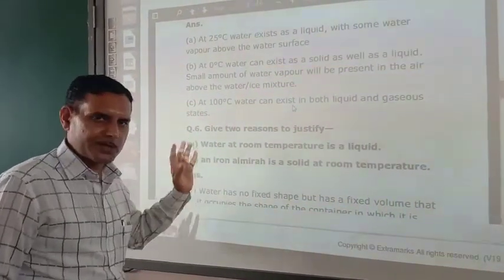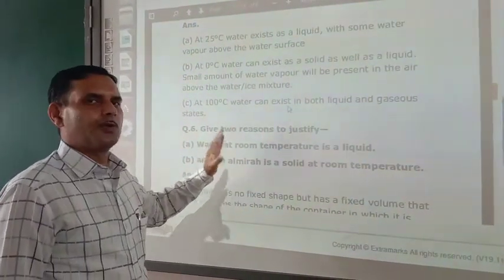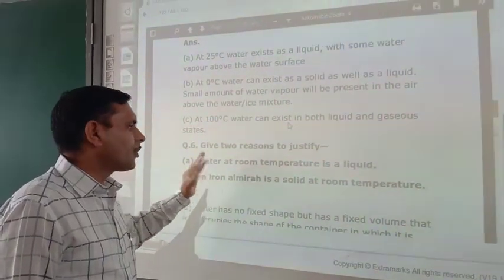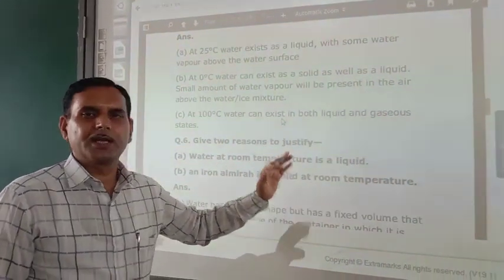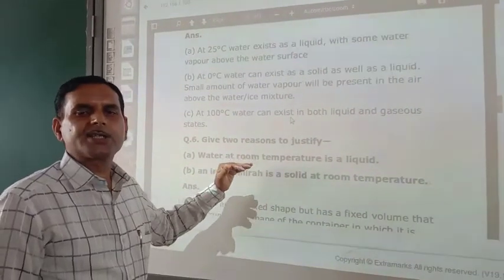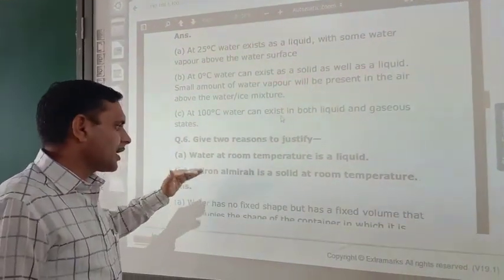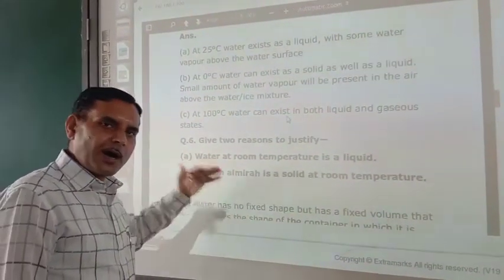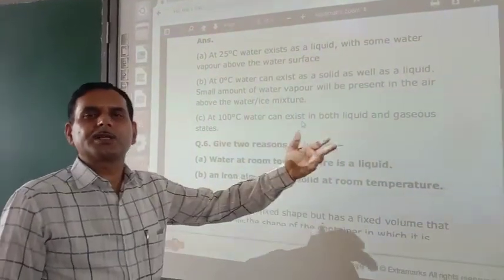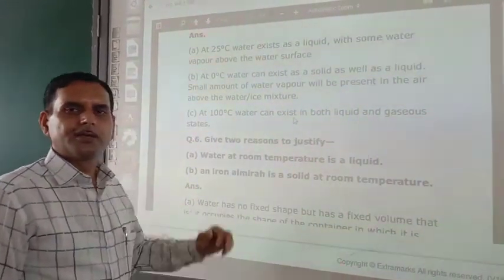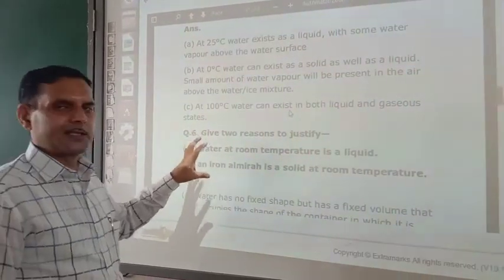Try to understand. In these questions, you have to justify why water is considered a liquid, meaning you have to write the characteristics of a liquid. Similarly, in the second part, you have to justify why the iron almirah is considered a solid. So don't worry, there is no fixed answer for this one.